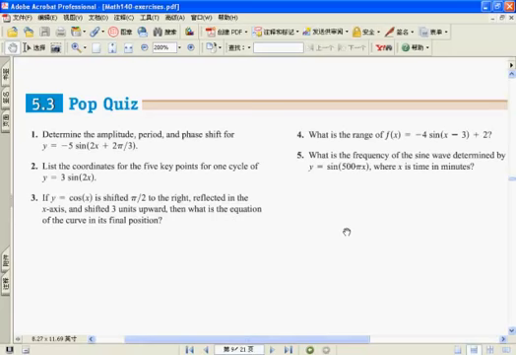Now let's look at section 5.3, page 463, and problem 1 of the pop quiz. Determine the amplitude, period, and phase shift for this function.